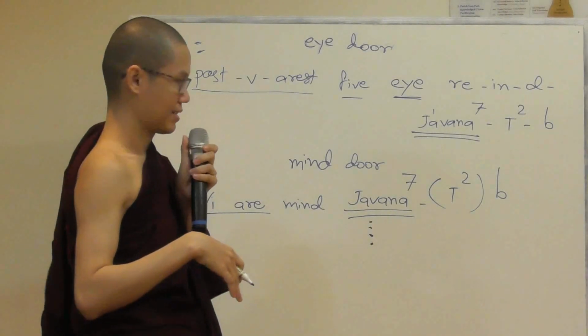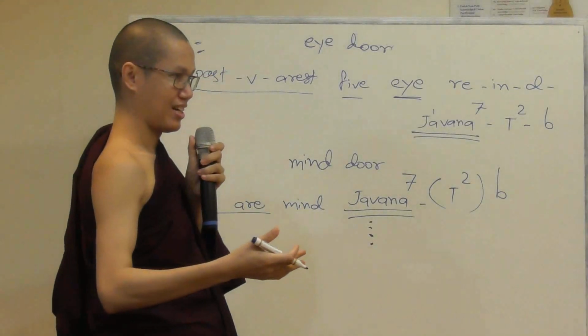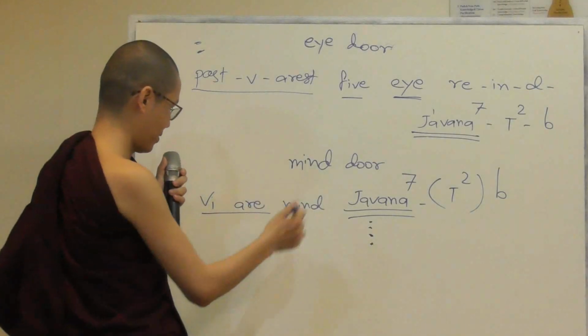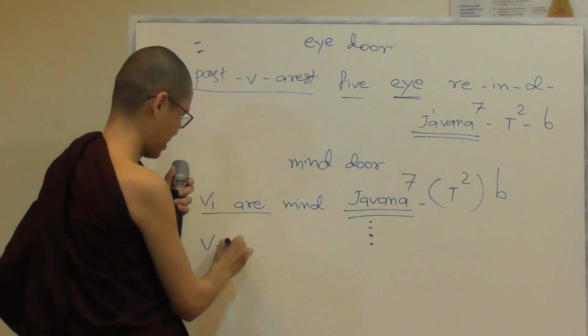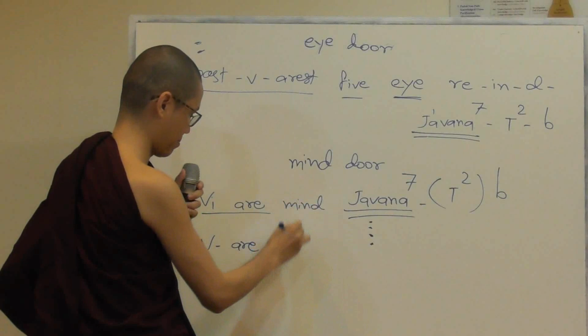When you really improve, at this time you will get attainment. If so, it will be like that: vibrating, resting, bhavanga, and the mind-door adverting. This mind.